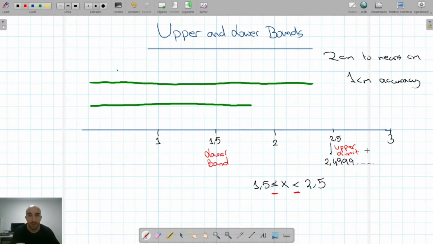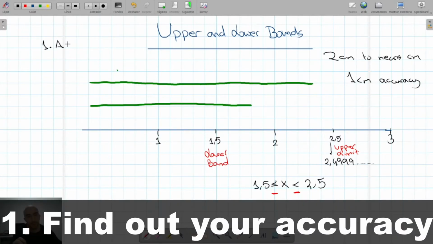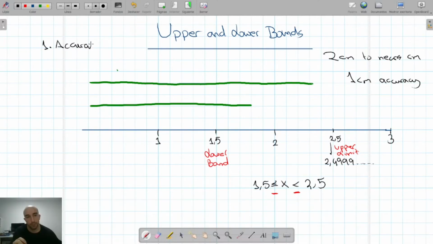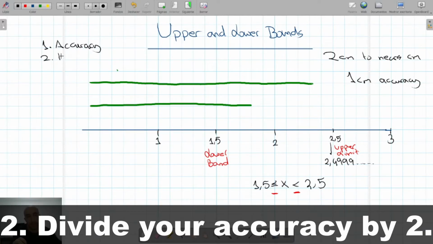Once we understand this, to do the exercises, we can follow a procedure, which is we find out the accuracy. I'll write it down here for you. Step 1, find out your accuracy. Step 2, half your accuracy.